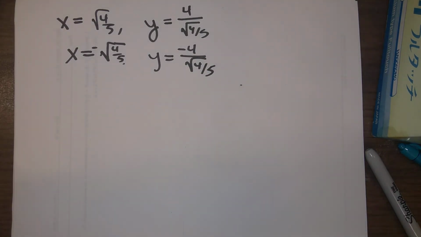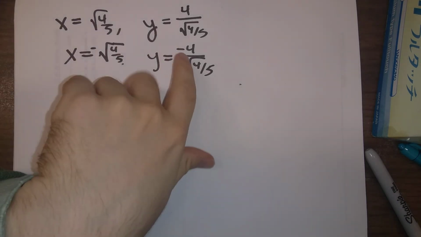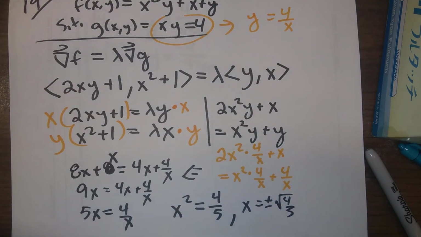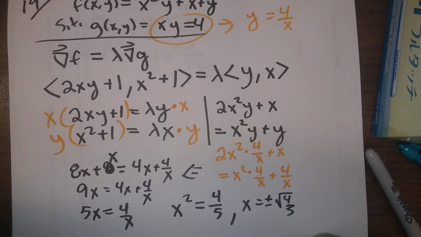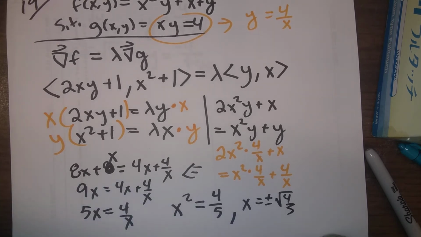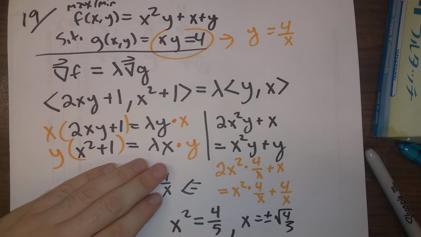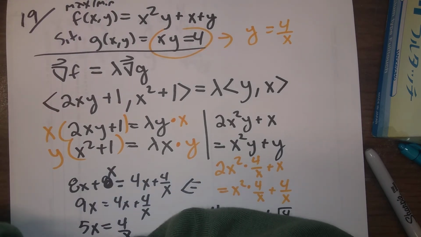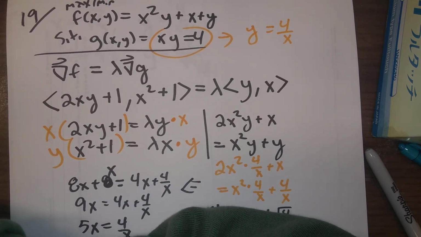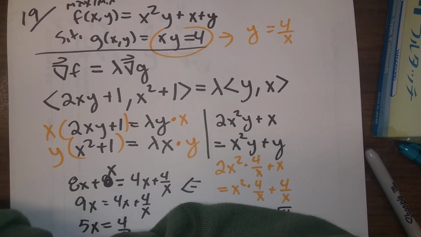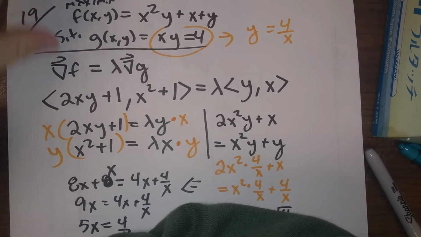However, you might think that right now the approach is to take these points and plug them into our objective function. Pick the larger function value to be our max, pick the smaller function value to be our min. However, I think this was a WebAssign problem, and as it turns out, the answer is the max and min don't exist. I think many people were confused by this, so let me comment as to what's going on here.